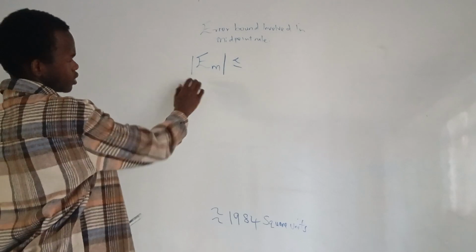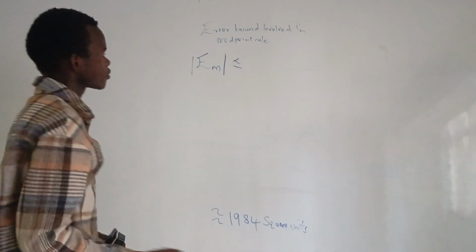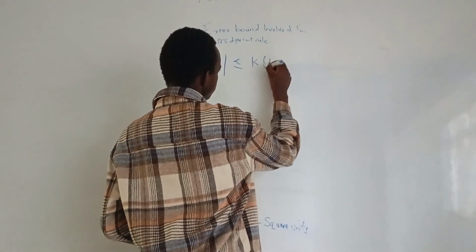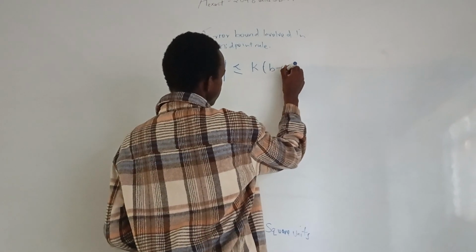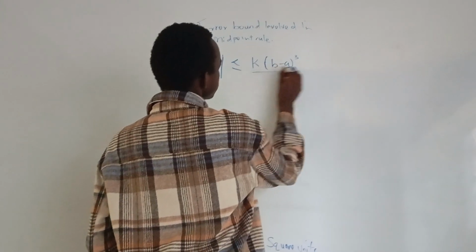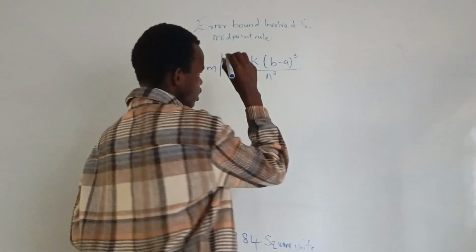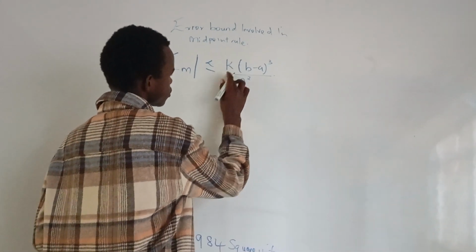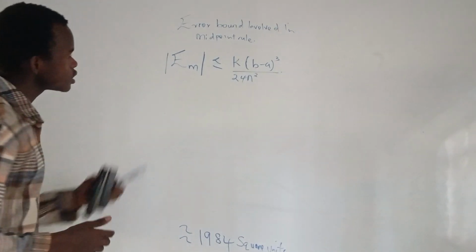The error found is usually less than or equal to k times (b minus a) cubed divided by n squared. The formula is just the same as the trapezoidal rule, but in the trapezoidal rule it was 12, so here it will be 24. So this is the formula.